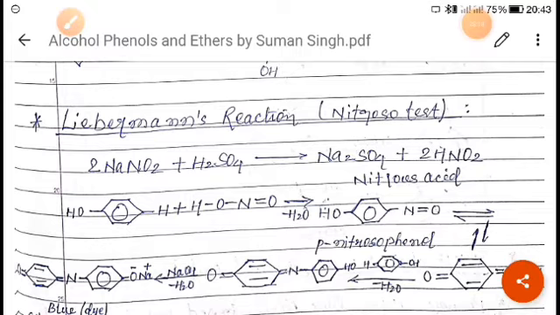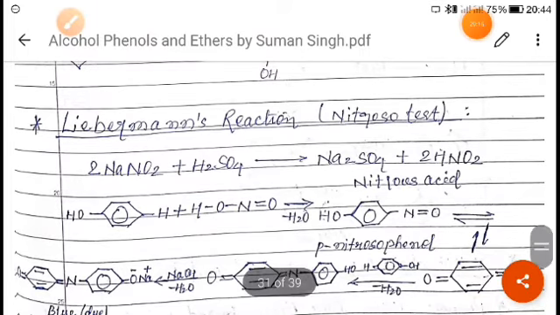Now here phenol reacts with nitrous acid to give what? Para nitrosophenol, which rearranges to quinone oxime, and in the presence of concentrated H2SO4, quinone condenses with phenol to give what? Indophenol, which is red in color, while if you take excess NaOH, the sodium salt of indophenol is obtained, which is blue in color, okay. So you can see the example here.